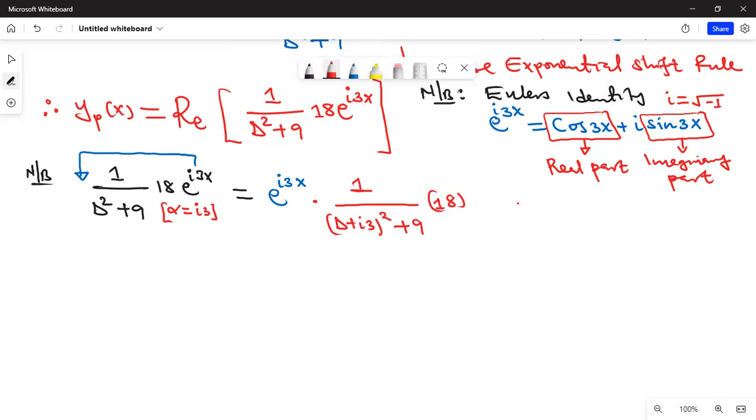18 is a constant, or a polynomial of degree 0.